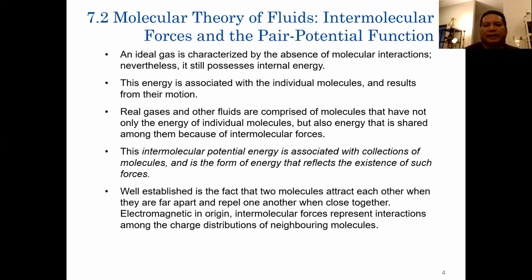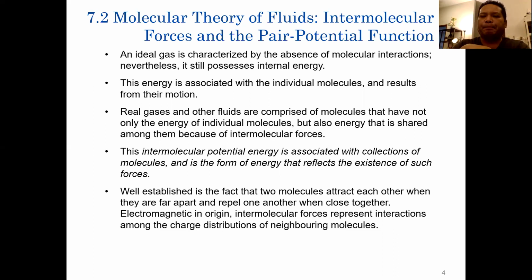Okay, ideal gas is characterized by the absence of molecular interactions. So as I have explained to you before, in ideal gas there is no intermolecular interaction between the molecules, right? So they are independent. So this energy is associated with the individual molecules and results from their motions. But somehow in real gas this is not true, because there are interactions between these molecules.